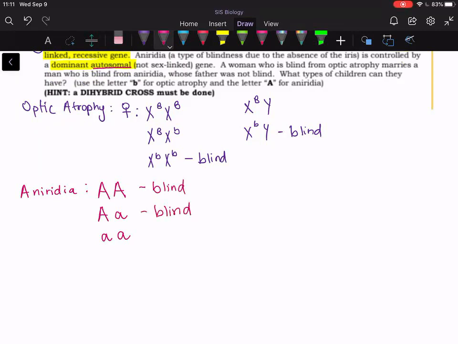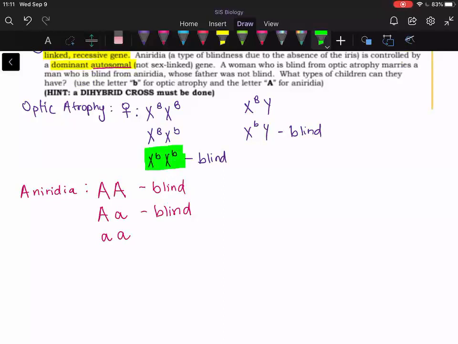Okay, now for the harder part. A woman who is blind from optic atrophy. So let's look at optic atrophy and highlight. Which one is she? I'm looking at my females, and the only way she can be blind is if she has this genotype, both lowercase b.